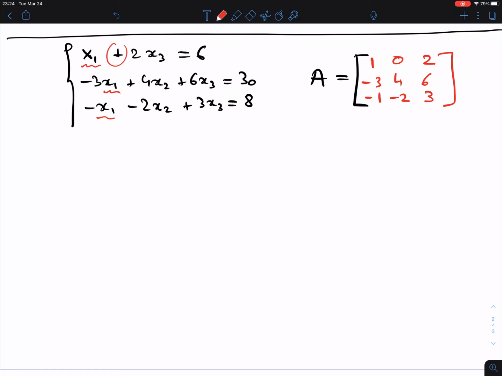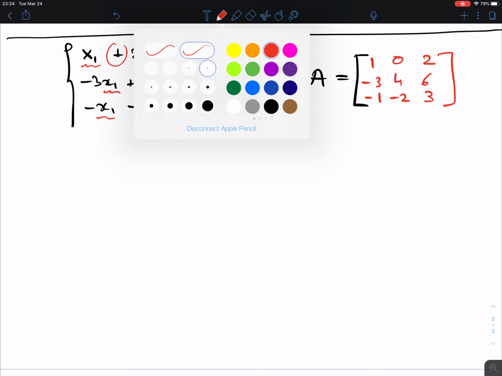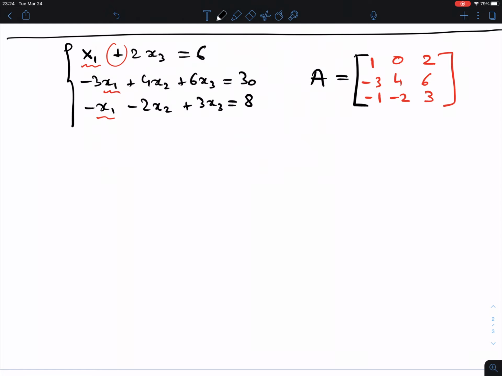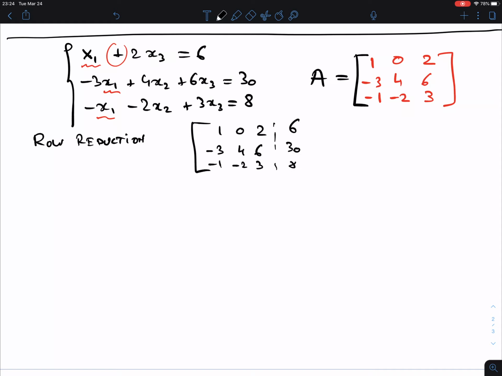Okay, and so what was our previous method? It was the row reduction method. Let me quickly remind you how it went. We took this matrix 1, 0, 2, -3, 4, 6, -1, -2, 3, and then we put in this last column 6, 30, and 8.